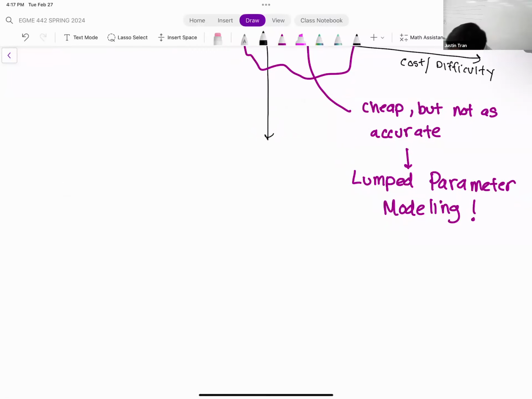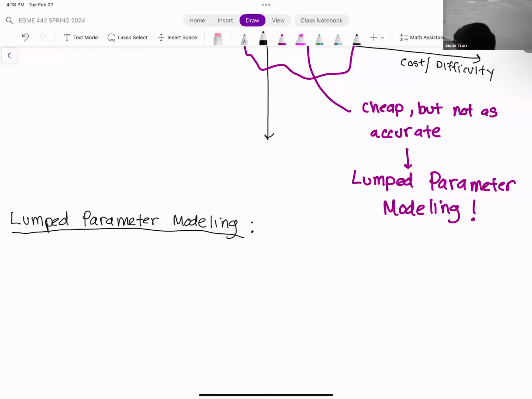Okay, so now that we know why we're doing lump parameter modeling, let's actually define it. Like the name implies, lump parameter modeling utilizes these things called lump parameters. We're taking the biomechanics, the physics of the cardiovascular system, and lumping that physics into certain types of parameters.